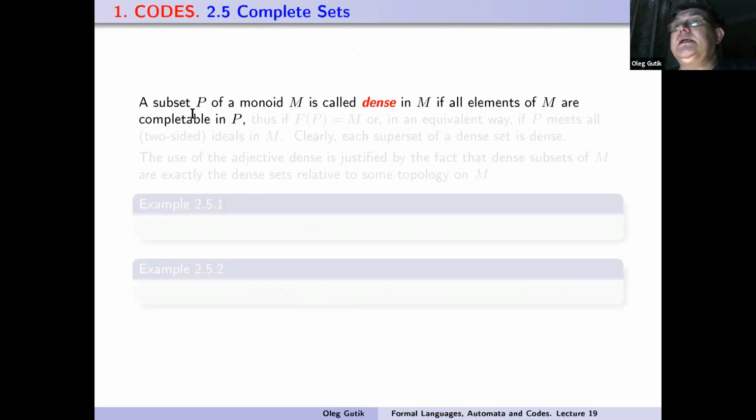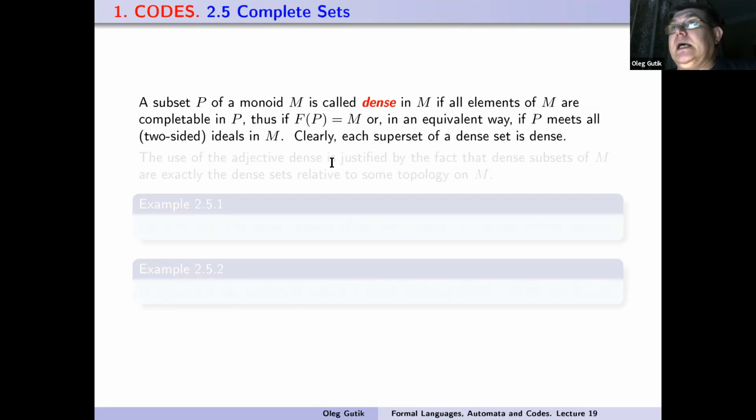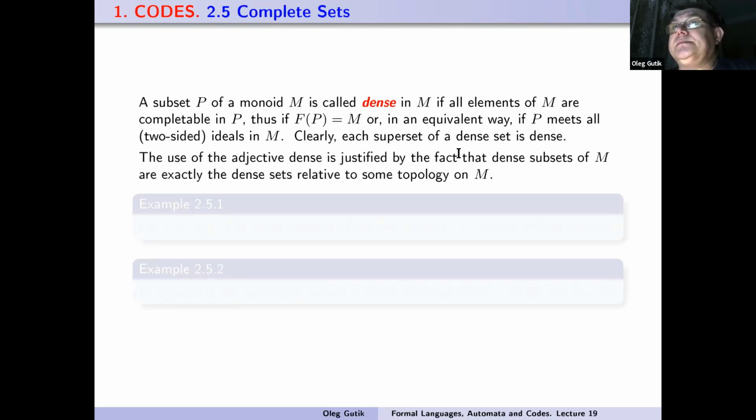A subset P of monoid M is called dense in M if all elements of monoid M are completable in the set P. Thus, F(P) is equal to M, or in an equivalent way, the set P meets all two-sided ideals in the monoid M. Clearly, any superset of a dense set is dense.